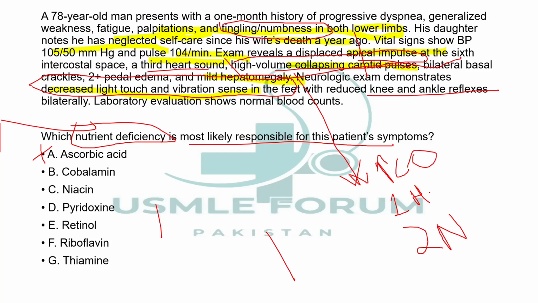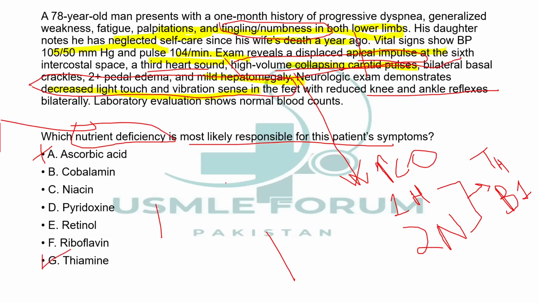And the neurological defect is that he's having a neuropathy. One disease you have to keep in mind which has both heart and neurological problems, and is a nutritional deficiency, is the deficiency of thiamine, which is vitamin B1. The right answer is thiamine. That's the correct answer.